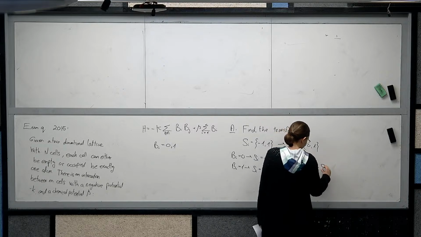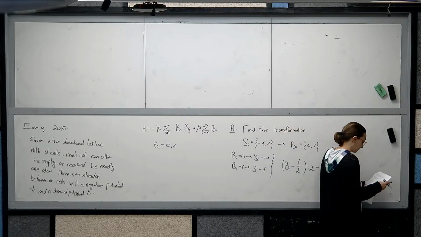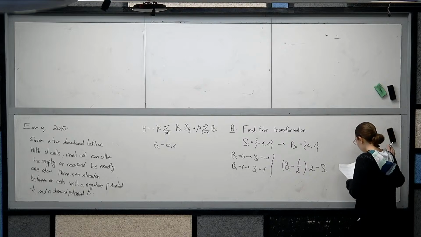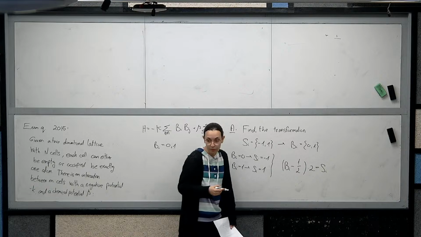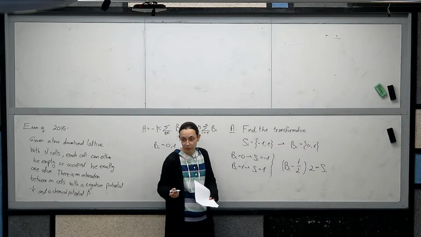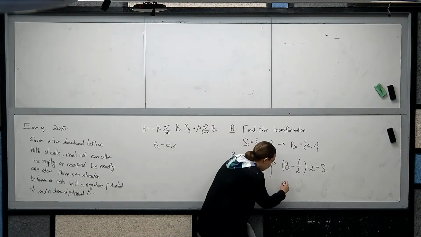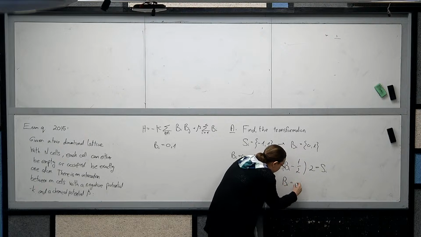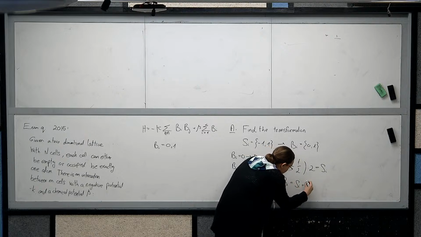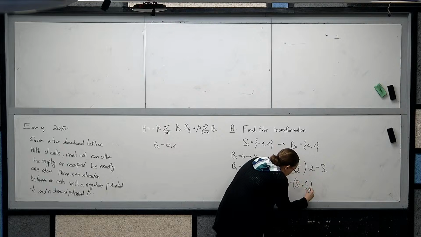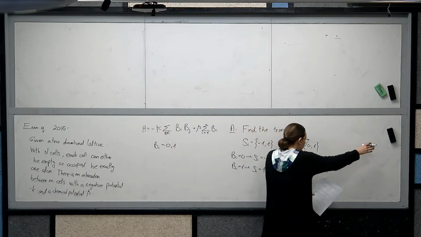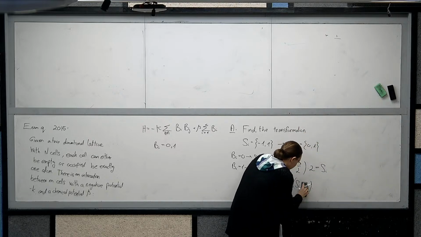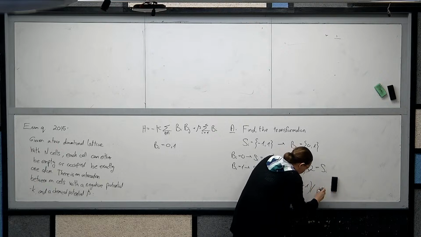So this will be equal to Si. Or we can write it in the opposite way, so we can convert from Si to Bi. So Bi equals Si plus 1, divided by 2.